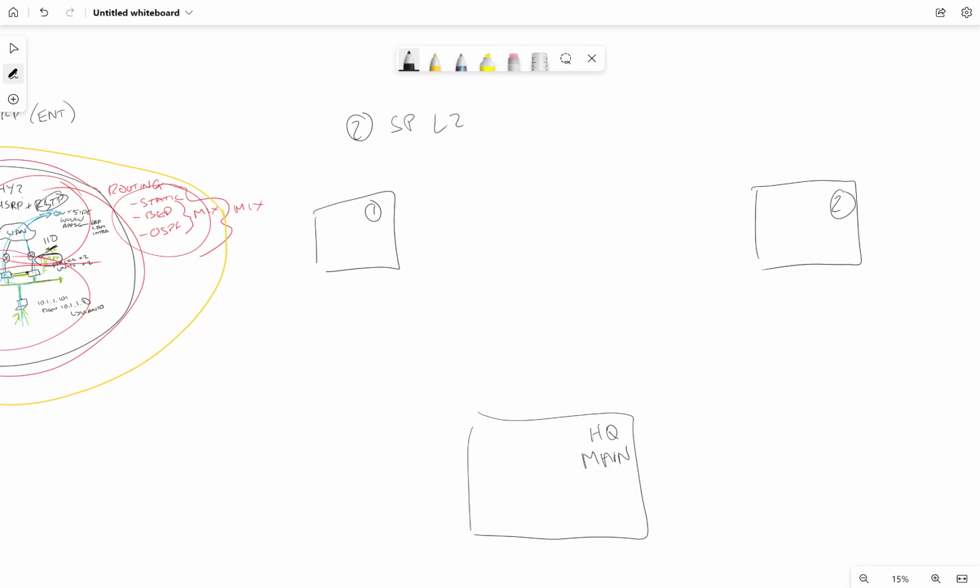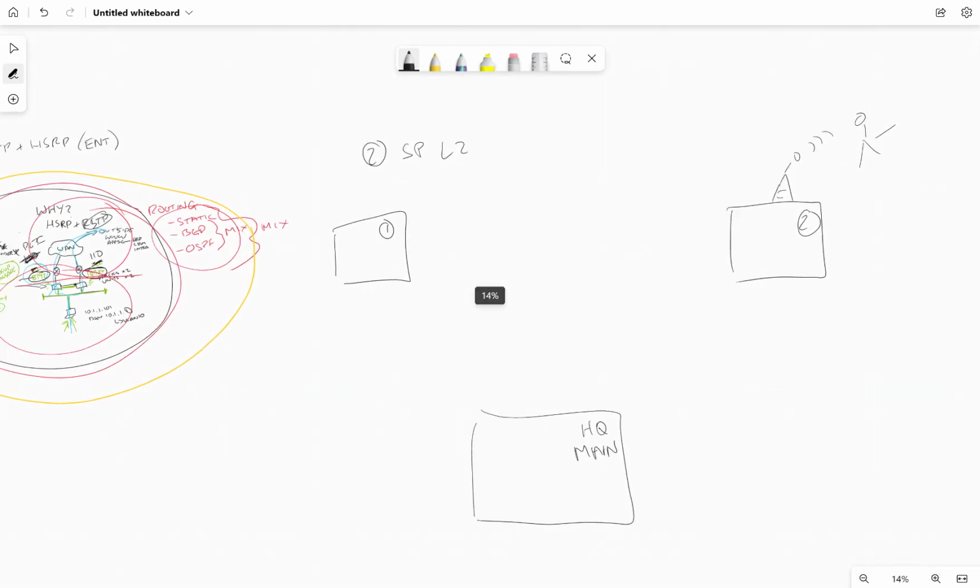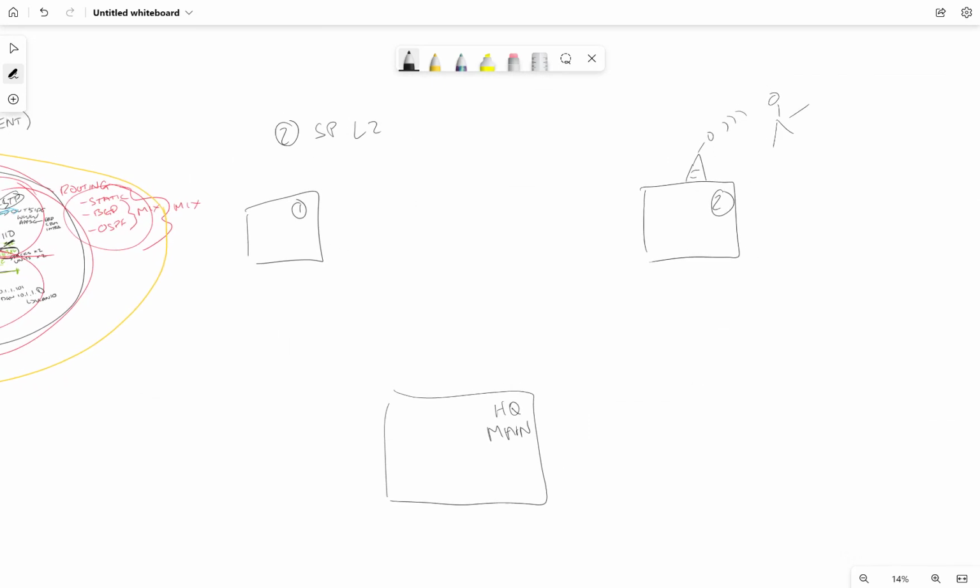And then from data center 2, we have some sort of wireless tower to another wireless tower, and then, looks like a stick man playing hangman or something, but we are drawing a tower here, and then we have a partner network over here.